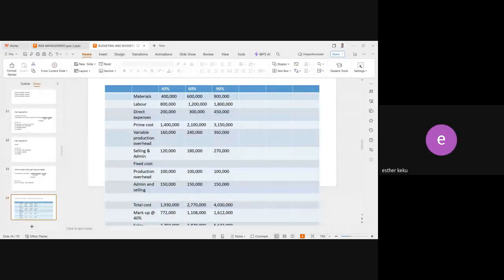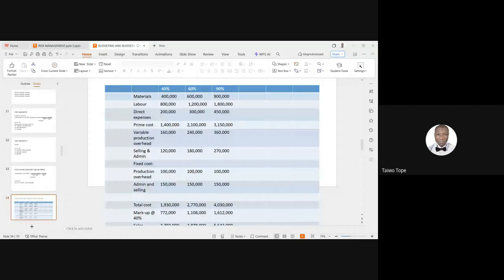Fine, 772. So we said markup is on costs. Your total cost is 1,930,000. So if you apply your 40% on this total cost, what will be your markup? 772. The expectation is that when you sell your goods, you should make a profit of 772,000 after removing your costs from the total revenue. So your sales minus your total costs should give you a profit of 772, which is the percentage you've placed on your cost.